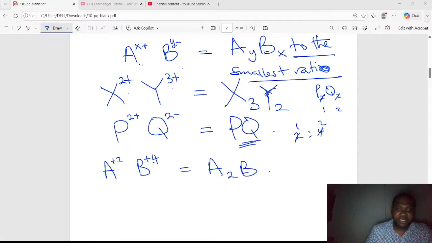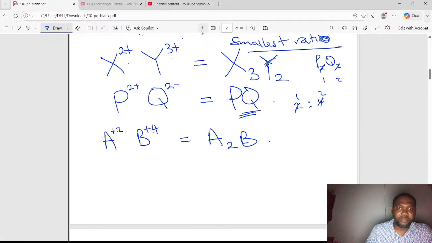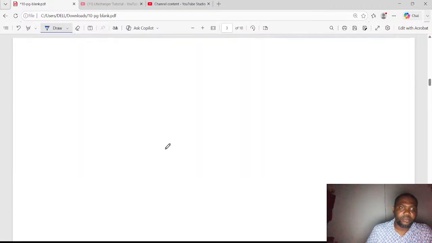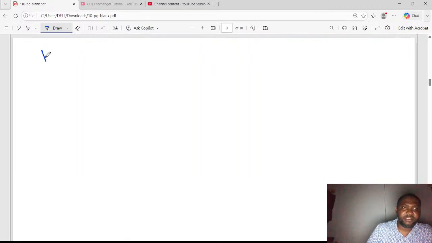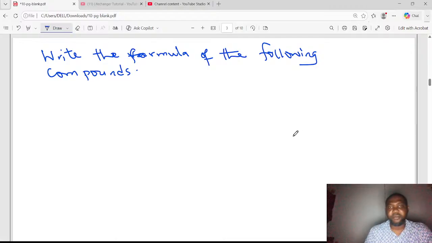So let me start with this, more like a class work. Write the formulas of the following compounds.